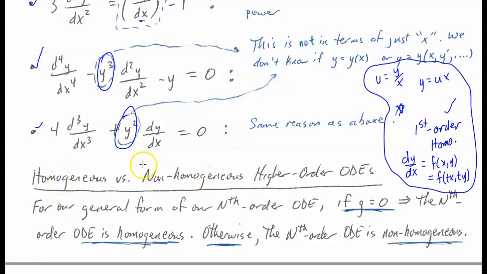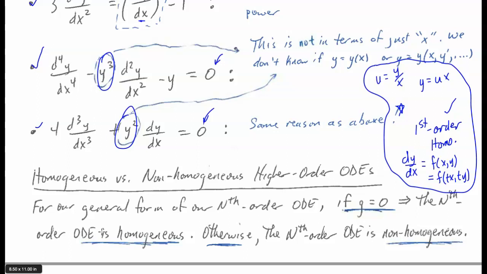For the higher order homogeneous equations, it's just real simple. And that is that function g that we've been talking about, that's been on the right side of the equation. If g ends up being 0, like how you see here, even though these aren't linear ODEs here, then of course our ordinary differential equation is assumed to be homogeneous at that point.